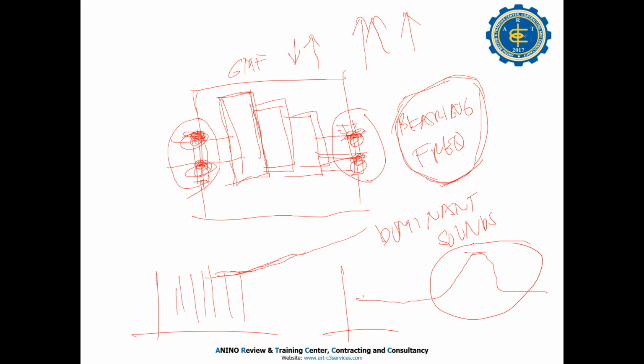Sir, we have one equipment. It is a blower, a seven-lobe blower. It has a motor, then a coupling, and the coupling is connected to a gearbox.